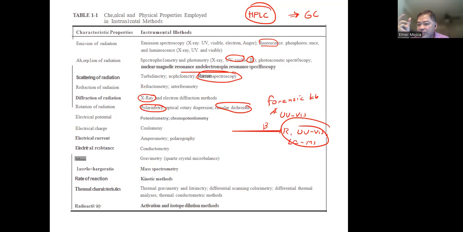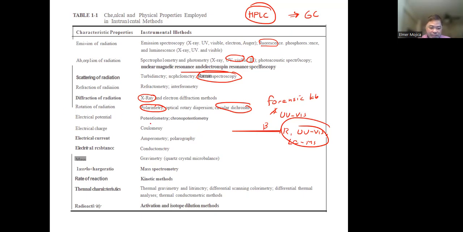So circular dichroism, if you're taking biochemistry, you know the different conformations there. Alam niyo ba yung different conformations ng biomolecules? Either it was what? Alpha helix, beta sheet, coil, random coil. So you can analyze it using CD, circular dichroism.